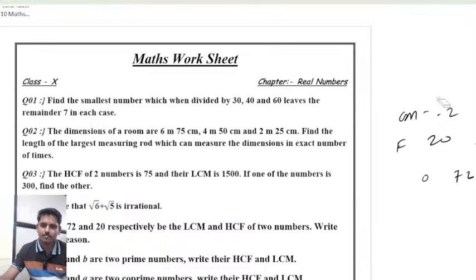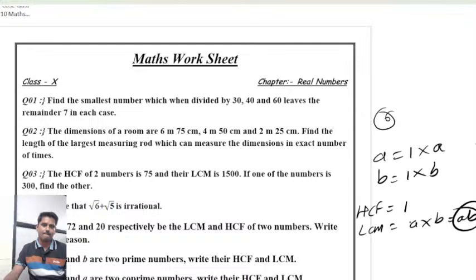So for two primes a and b, suppose a can be written as a into 1 and b as 1 into b. The HCF is the product of the minimum powers of common factors, so it is 1, and the LCM is a into b. LCM is ab.